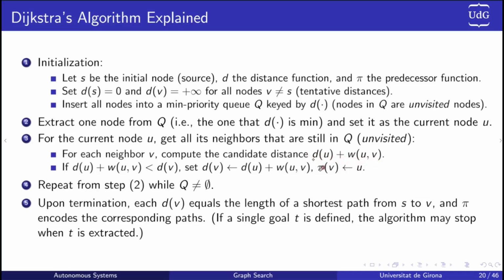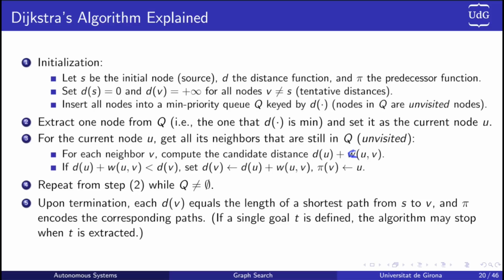This is the cost to reach the neighbor B, which will be the cost of reaching U, that you should know at this moment, plus the weight of the edge between U and B. Sometimes I put W, sometimes I put just C, okay? The cost between U and B. Sorry. Okay? I try to make the algorithm all very similar, but I always miss something.